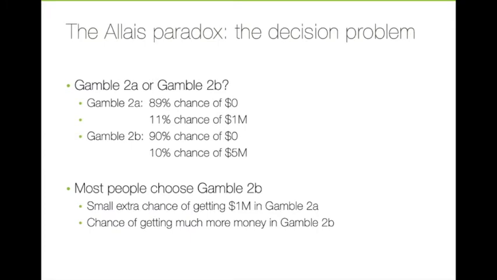And in the second choice, most people choose the second gamble. While the chance of getting $1 million is 1% higher in 2A than the chance of getting 5 million in 2B, most people think that's not really enough to override the chance of getting a much larger sum of money in that second gamble. So 2B looks more appealing.